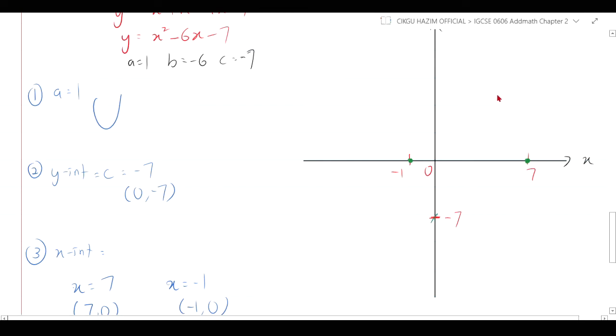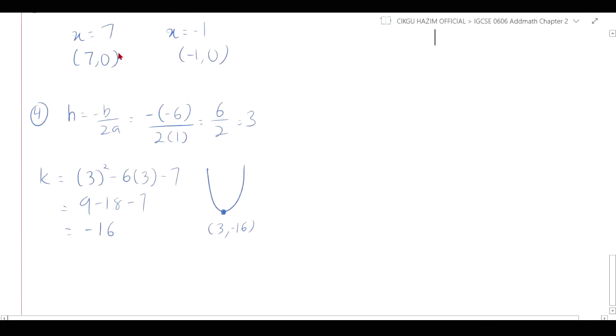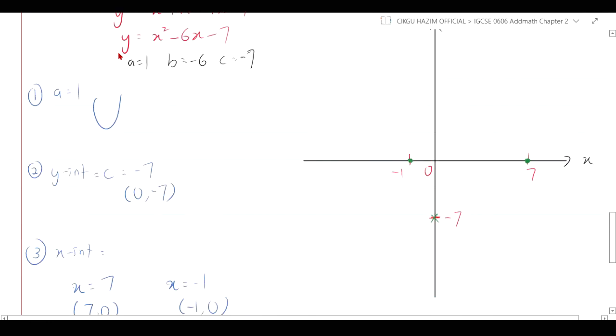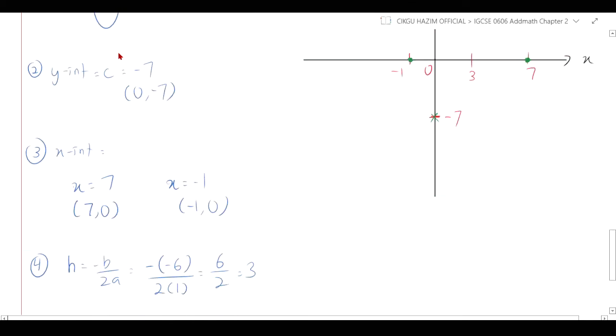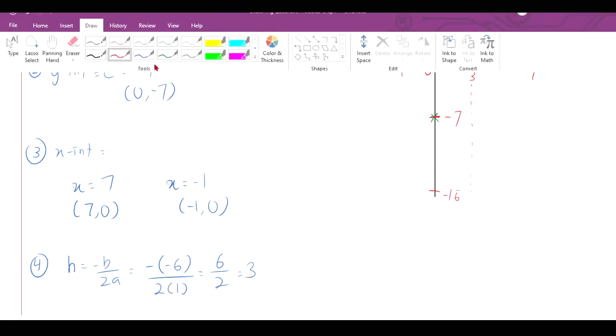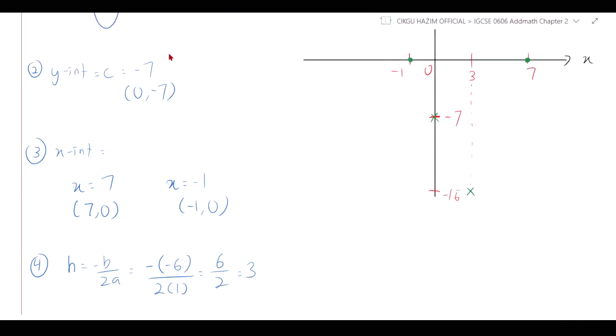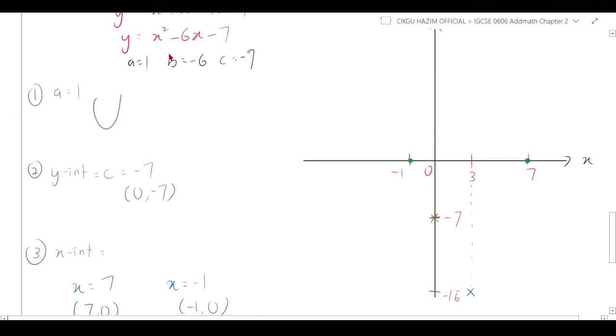Okay, and here I just point to this axis because this is a modulus graph, the y cannot be negative. And then after that, the minimum point happened at 3 and negative 16. So imagine that this is 3 and negative 16 is imagined over here. So it must pass through this point. But since we cannot have the minimum point, and the graph passes through y that cannot be negative, we reflect everything to the top.